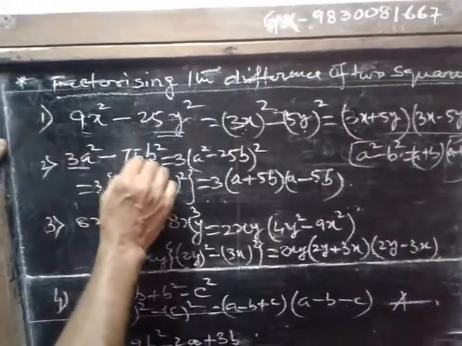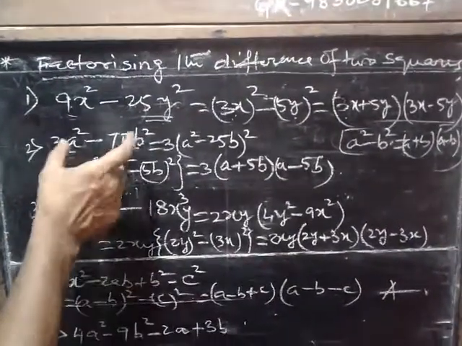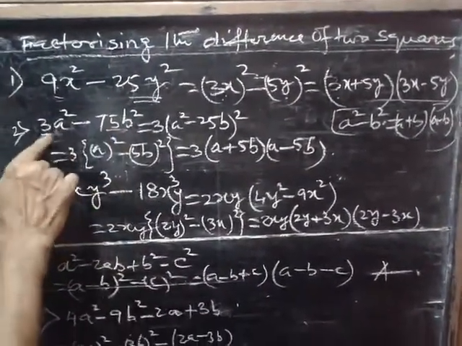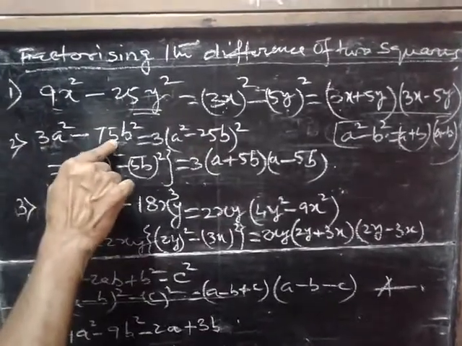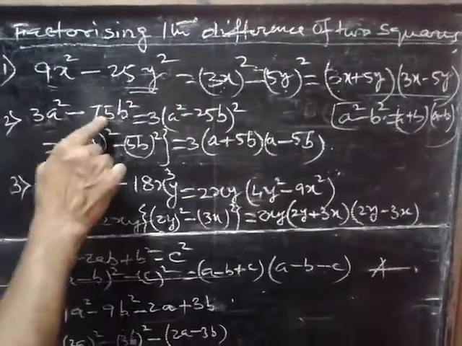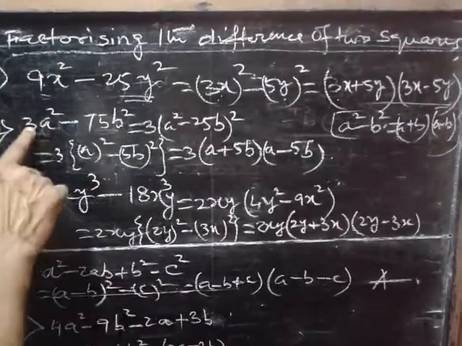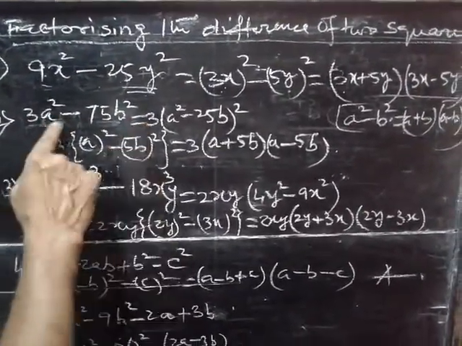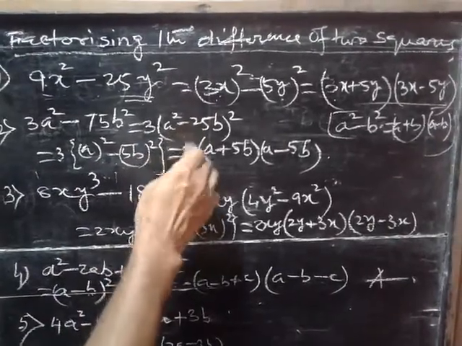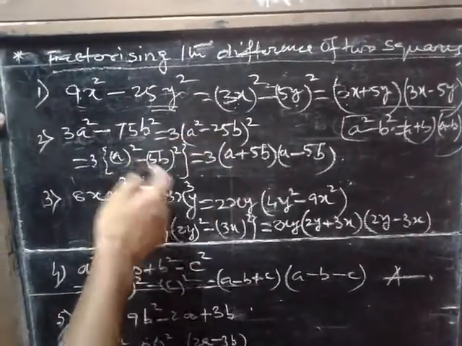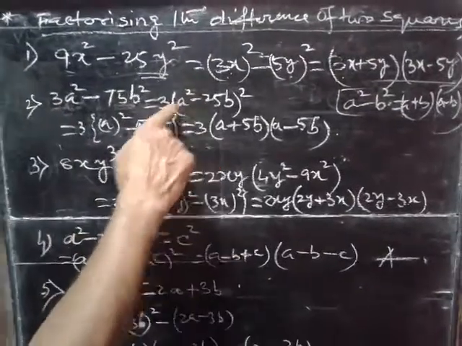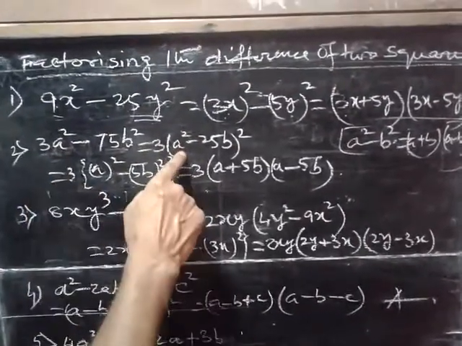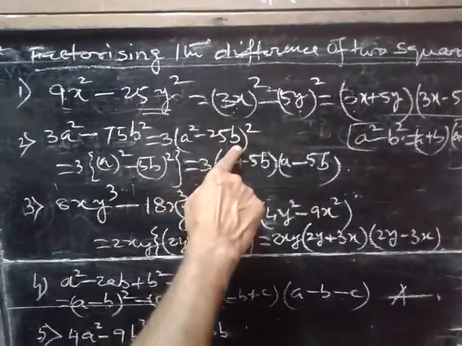Next, 3a square minus 75b square. In this type of problem, if it is not a square number, try to think that some number may be common. Find that common number and take it common first, and you will see whether you get the a square minus b square form. Here 3 is common, and then it will be a square minus 25b square.